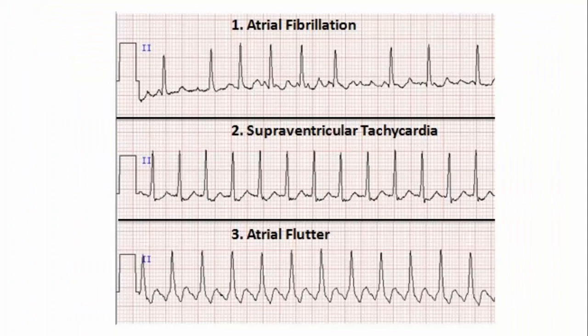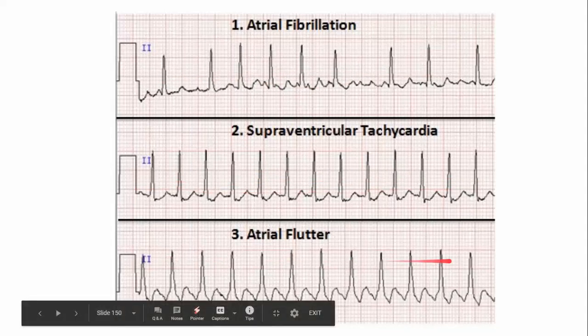So let's just review for a second atrial fibrillation, SVT, and atrial flutter. We said last time atrial fibrillation is irregularly irregular with no visible P waves. We said supraventricular tachycardia is really fast and we may not see P waves, but the rhythm is regular.